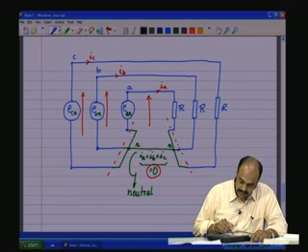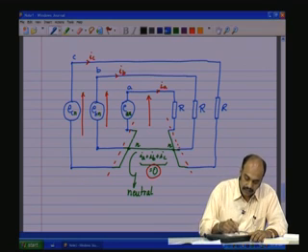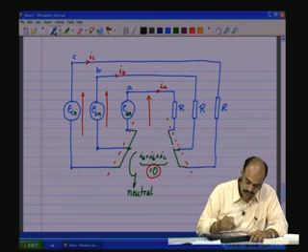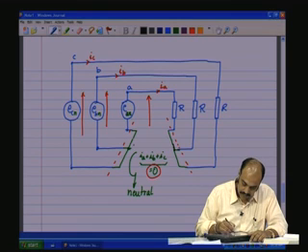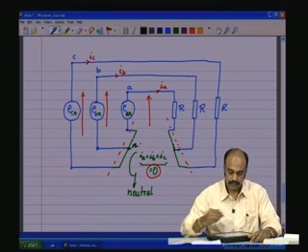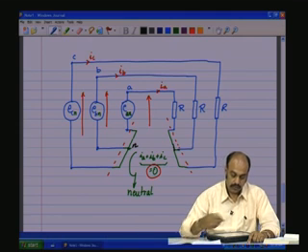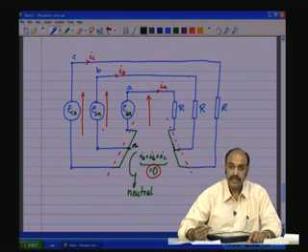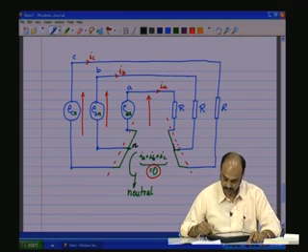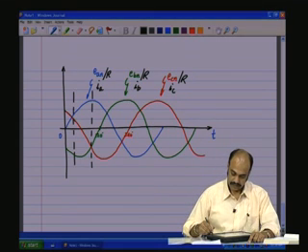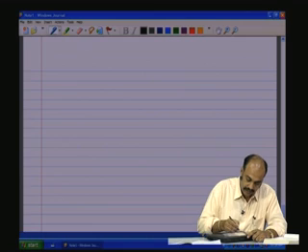So, this means that this wire is redundant, and you can now remove that wire here. So, we have a strange connection between these two, which is written in this fashion.